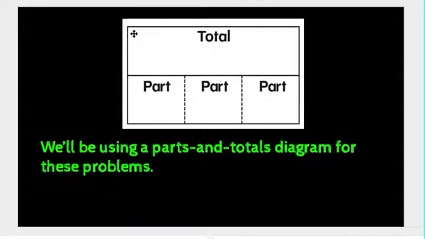The total is written in a rectangular box on the top, and then in the bottom, depending on how many addends you have, you'll have a corresponding number of parts. So for example, 1, 2, 3 parts would be with this word problem if we actually had one.